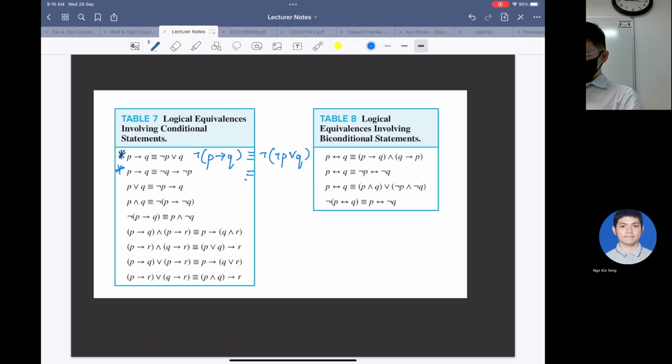Now, not a disjunction. What law do you use? The only law you need to memorize today. De Morgan's law. So you have to use De Morgan's law. What's De Morgan's law?